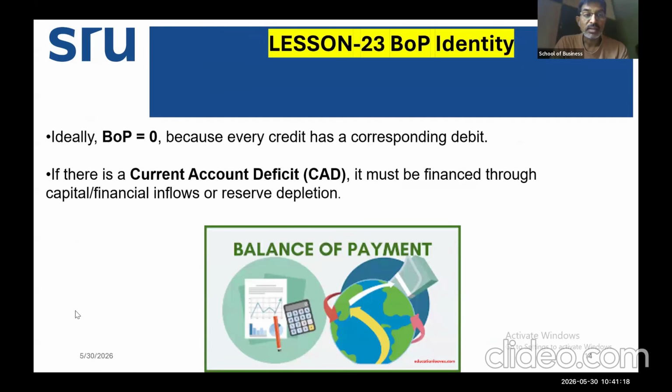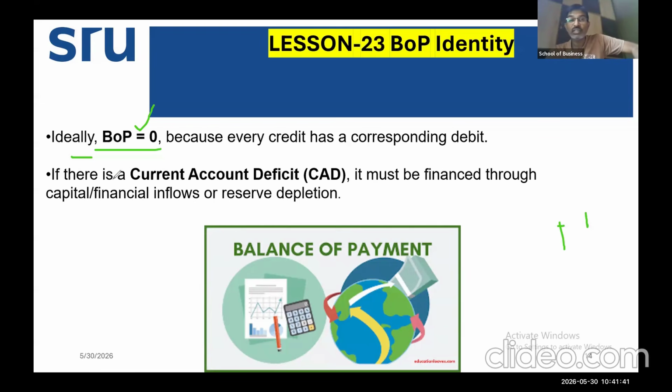Ideally, the balance of payments should always be equal to zero, if you want to maintain the balance of payments equilibrium. If it is minus, it is a deficit. If it is plus, it is a surplus.